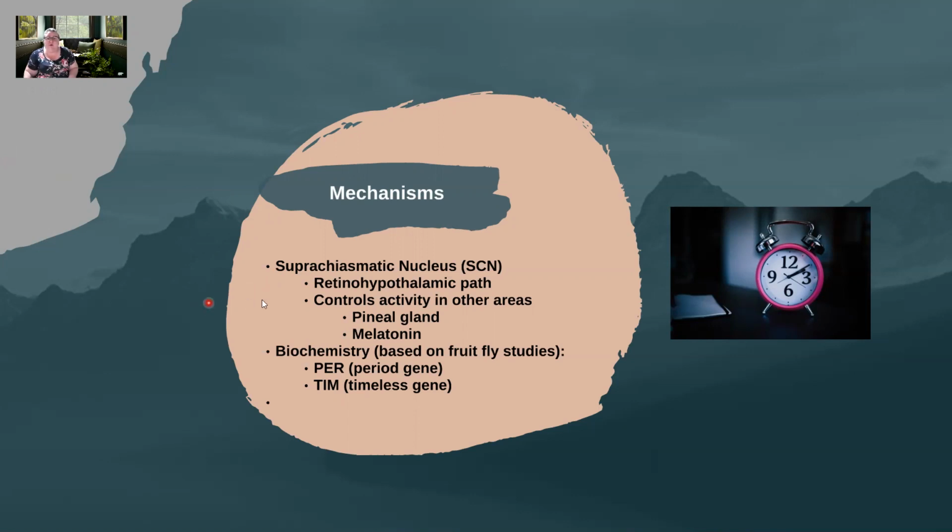Okay, so what evidence do we have that this part of the brain, the suprachiasmatic nucleus, is actually related to circadian rhythms?